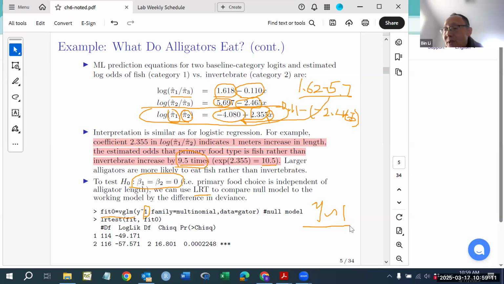That is an intercept only model. So that is the model. If you write in this way, in R, it will know that you only want to fit the Y with intercept, no other explanatory variable. Okay, so that's the intercept, and that is the model exactly with beta 1, beta 2 equals to 0, right? So family is still multinomial, and you can see, then we can do the LR test.